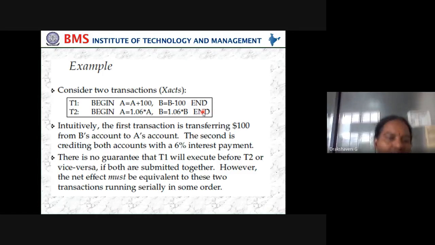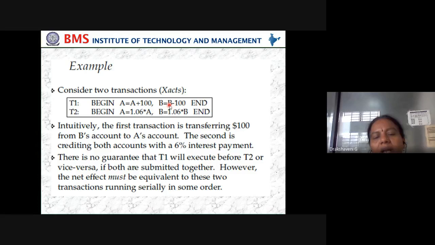Intuitively, the first transaction is transferring 100 rupees from account B to account A. The second credits both accounts with 6%.